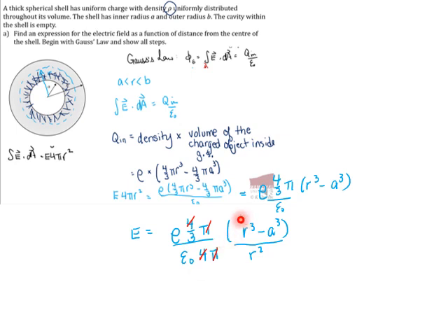And r cubed divided by r squared is going to give me r here, and I'll have a cubed divided by r squared here. So my final result is E is equal to rho over 3 epsilon naught, times r, since r cubed over r squared is r, minus a cubed over r squared. Electric field is a vector, so the direction is going to be radially outwards.